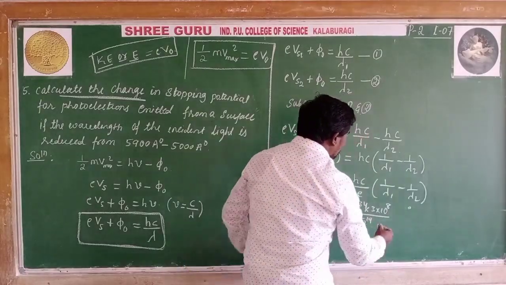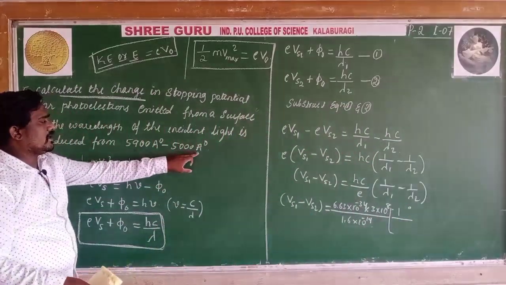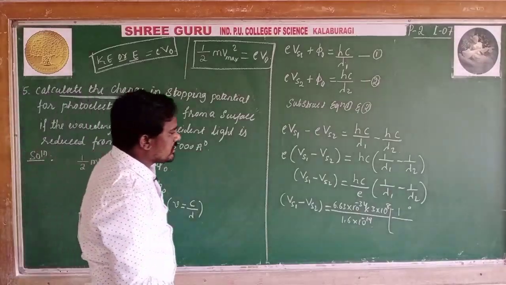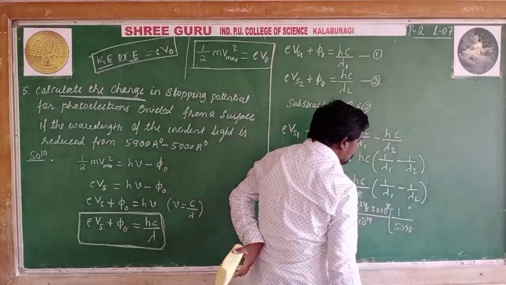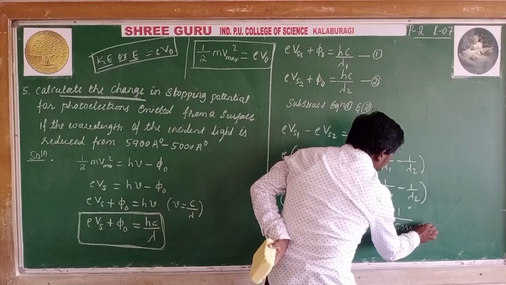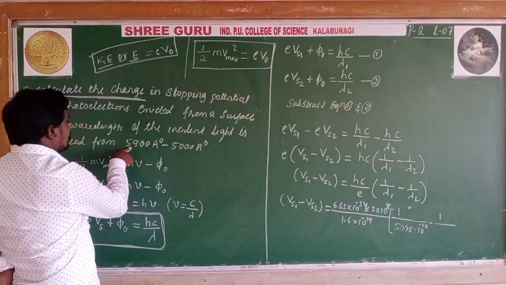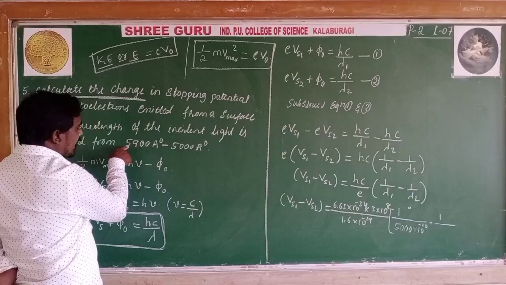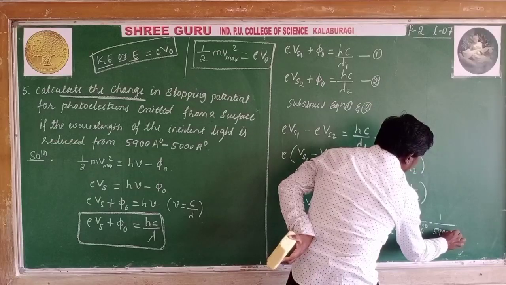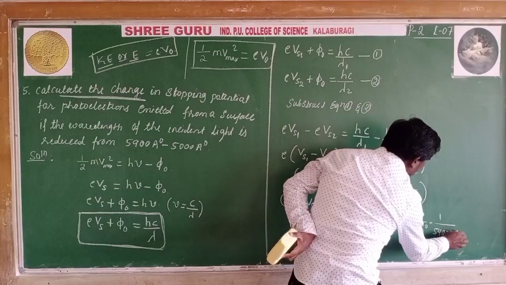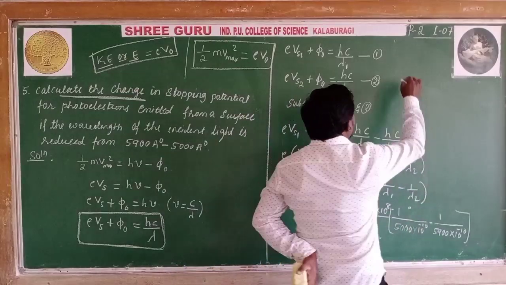In the bracket, write the wavelength: 1 by lambda 1, where lambda 1 is 5000 angstrom, that is 10 raised to minus 10, minus 1 by lambda 2, where lambda 2 is the higher wavelength, 5900 angstrom, again times 10 to the minus 10. Okay, now write here.